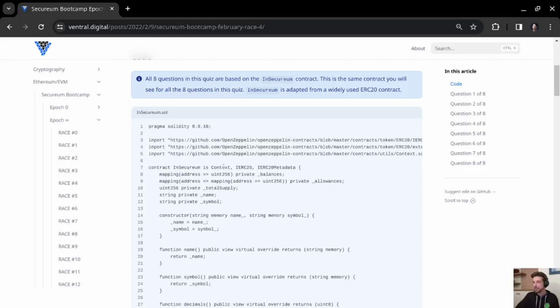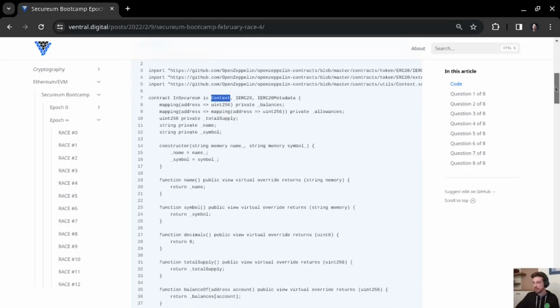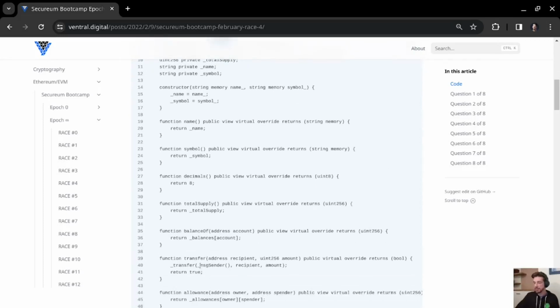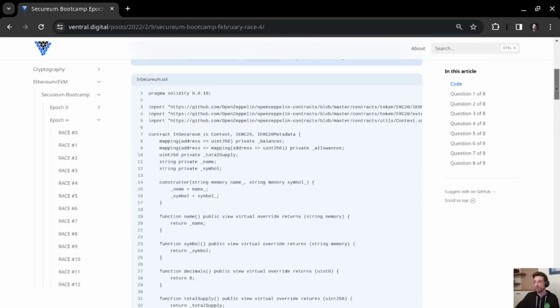We can see that it extends the Context library, which provides this message sender function here, which is basically just a wrapper around the normal message sender, intended to provide an API in case a transaction has been relayed and then forwarded to our contract.